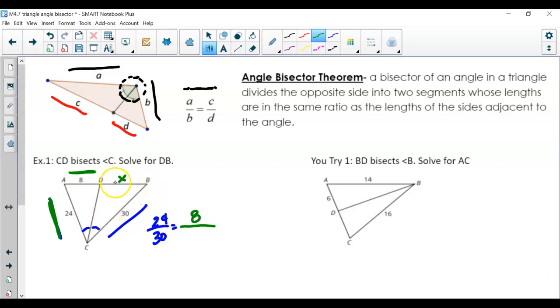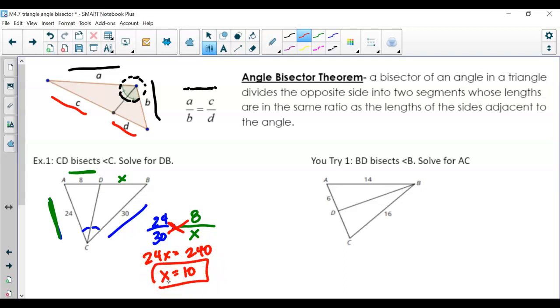X. So 8 to X. Again, the triangle angle bisector theorem tells us that these sides created are proportional, giving similar figures. Now we're just solving where we cross multiply. 24 times X is 24X, which is equal to 8 times 30, which is 240, and X is equal to 10.